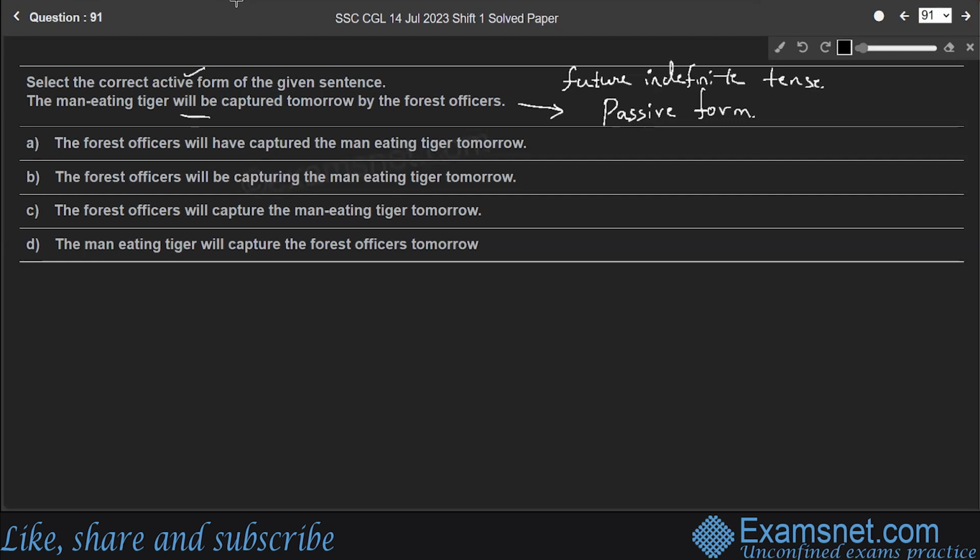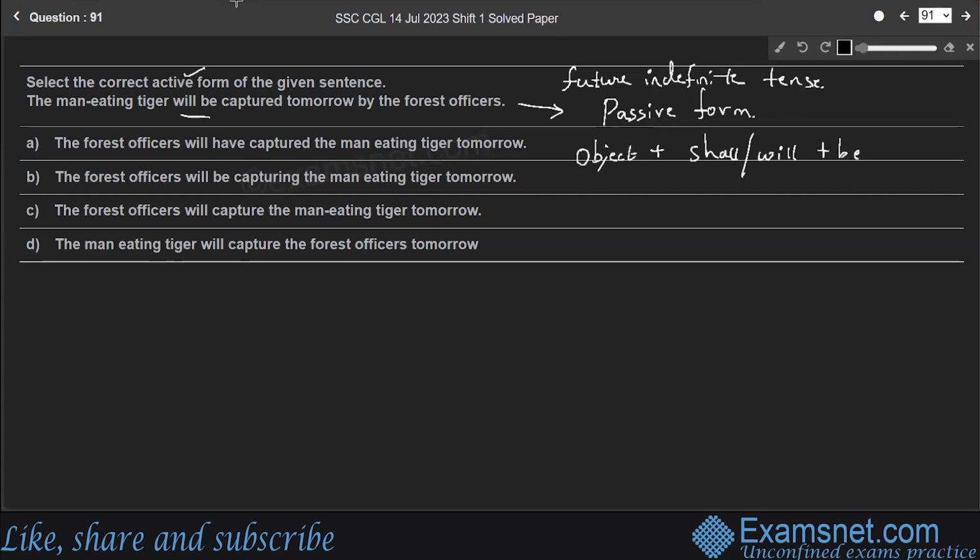The passive form of a future indefinite sentence has this format. First the object, the man-eating tiger. Here it is the object. This object will be followed by will be or shall be.